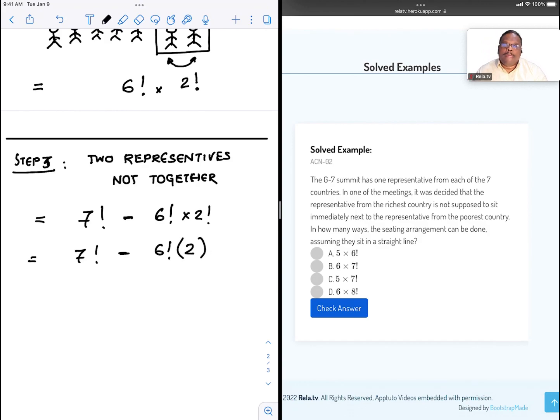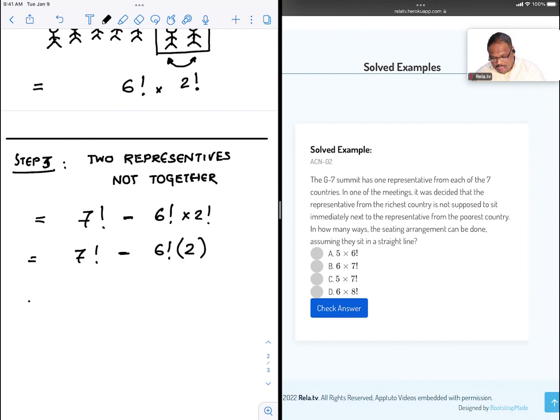Now remember, 7 factorial is the multiplication of all numbers from 7 all the way down to 1. 6 factorial is the multiplication of all numbers from 6 all the way down to 1. So there are 6 numbers common between 7 factorial and 6 factorial, and 7 factorial has one extra number, which is 7.